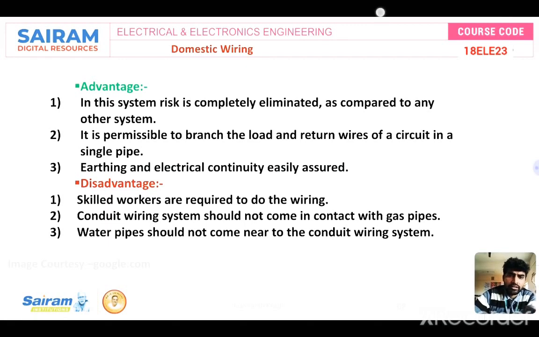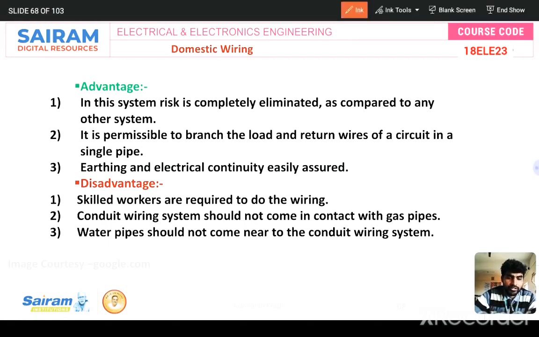The advantage of concealed conduit over open conduit, you can say directly, right? Concealed conduit is free from hazards, free from burning, free from breakages. But in surface conduit wiring, if the equipment is not in working condition or is broken, and you use it, you may get a shock.